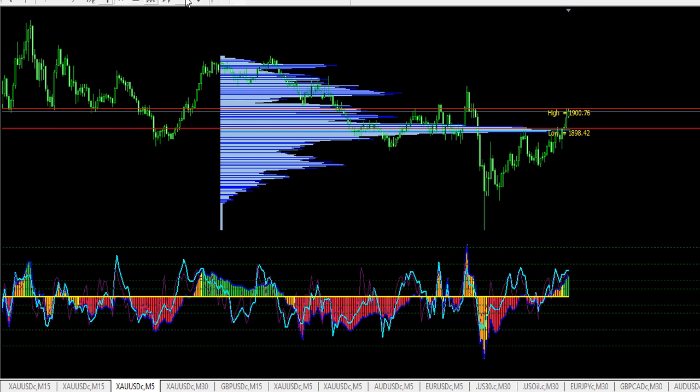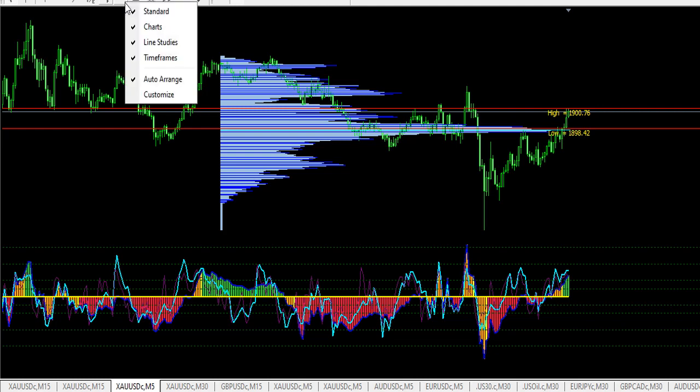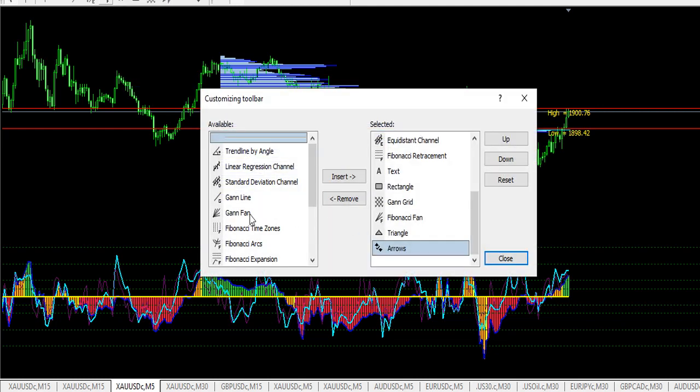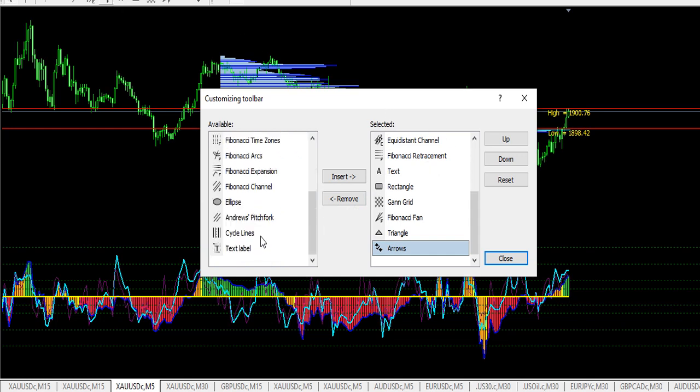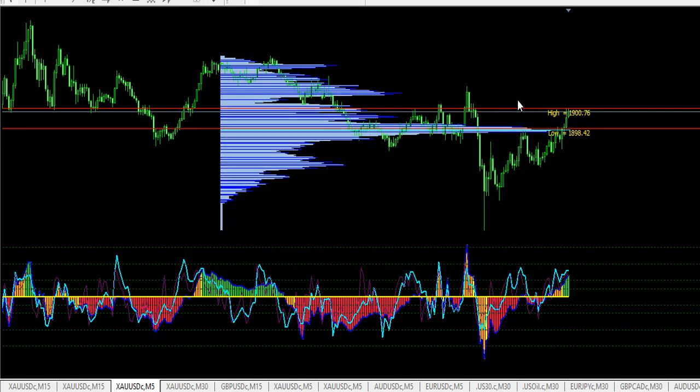I can see. I cannot see the text. Where is the text?